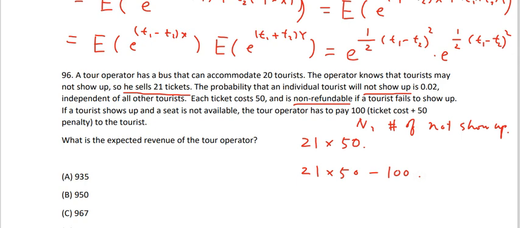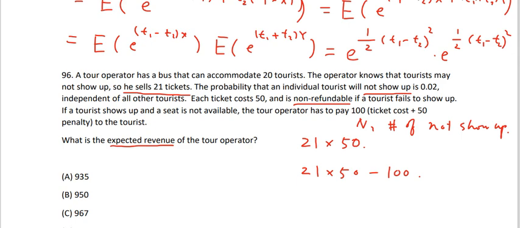He has to pay a refund as a penalty. Okay, so what is the expected value for revenue? We have two numbers, so we just find the probability of those things happening.